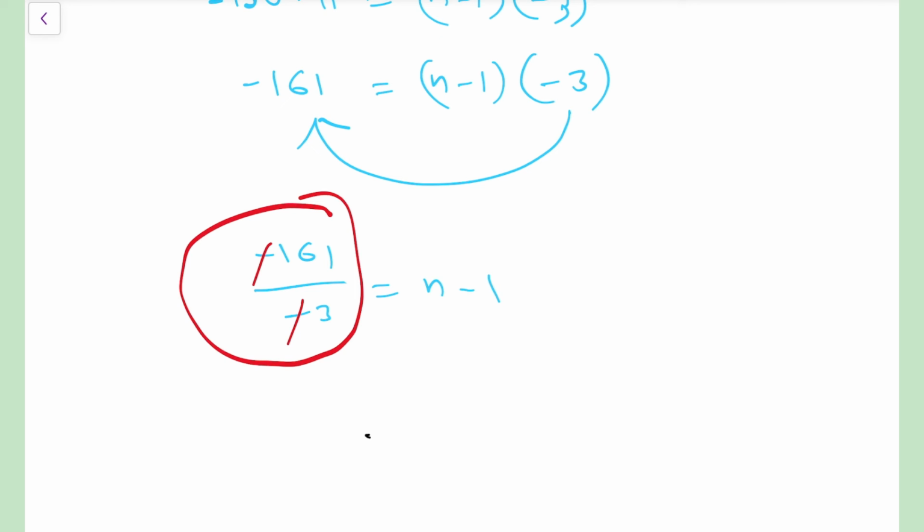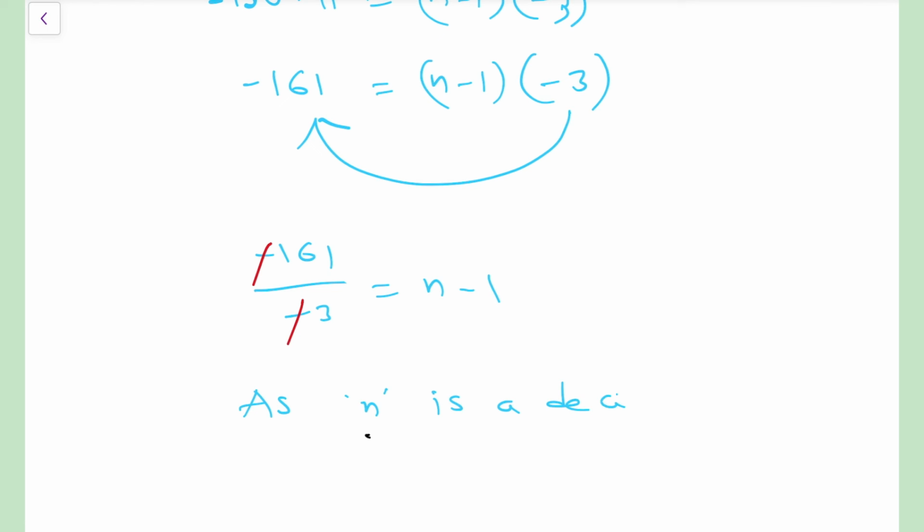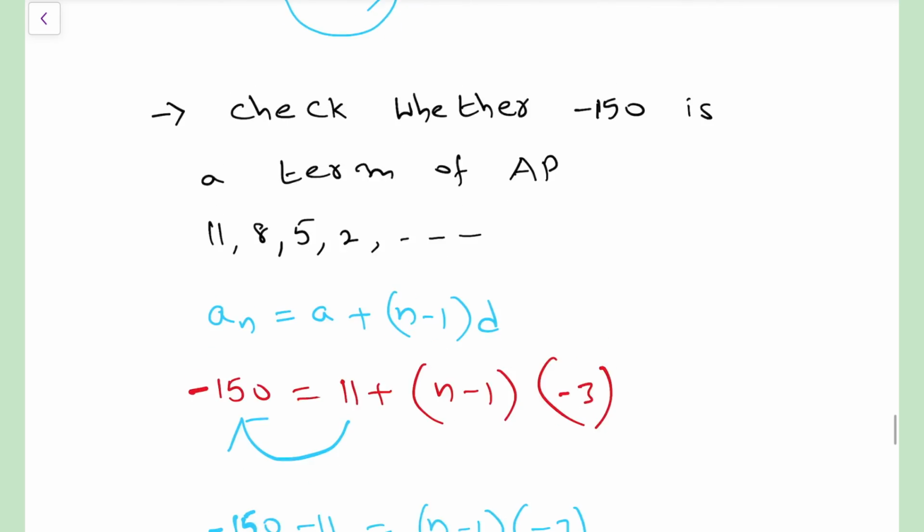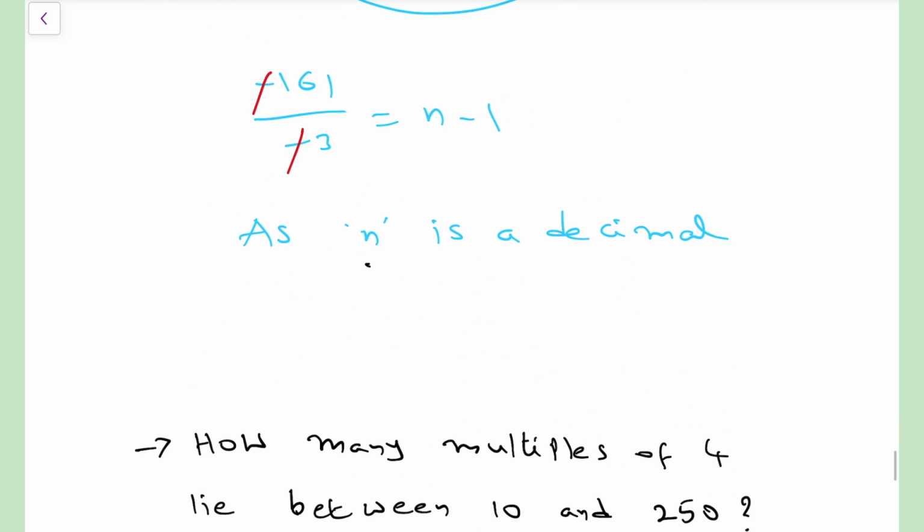After that, minus 1, if we take this side, it will become plus 1. Again after adding, we will get the final answer in decimals only. So n value will be a decimal, as n is a decimal. So minus 150 is not a term.